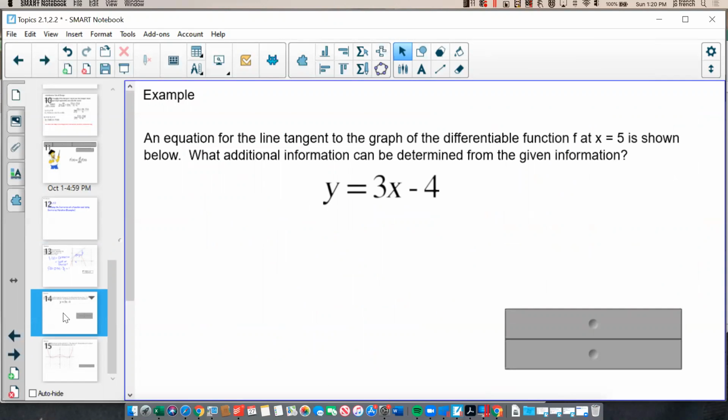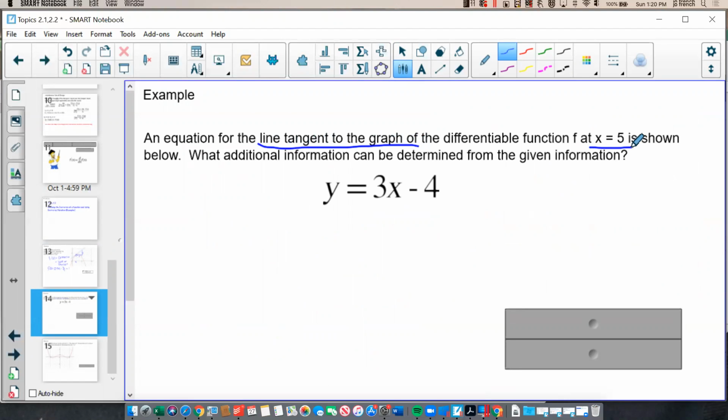Here they give an equation for the tangent line, the line tangent to the graph of the differentiable function f at x equals 5. So they're giving us the line tangent to the graph at x equals 5. What additional information can be determined from the given information?